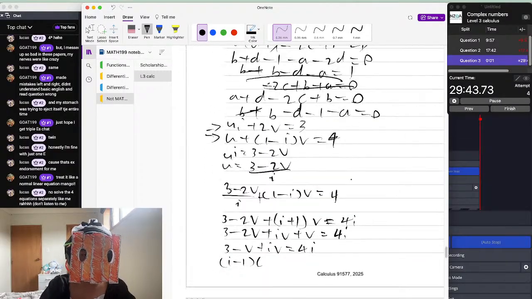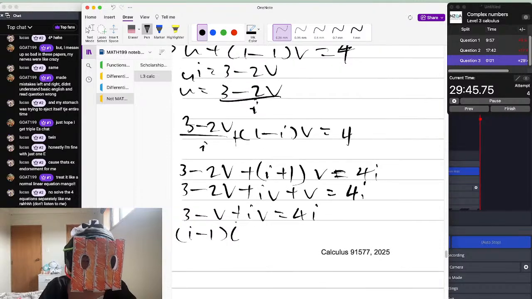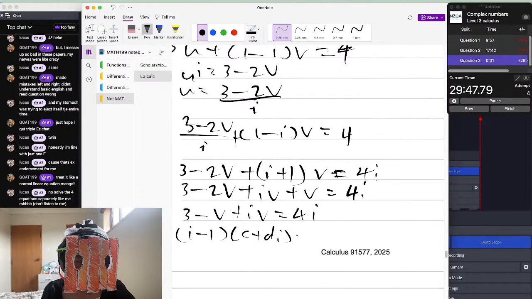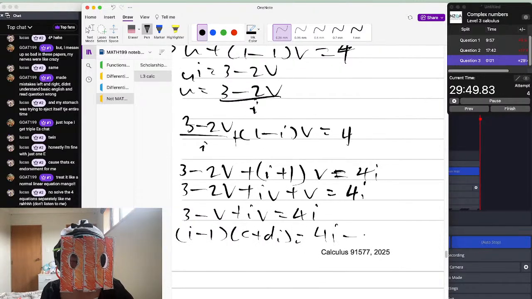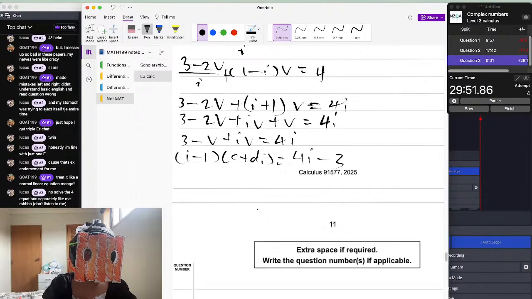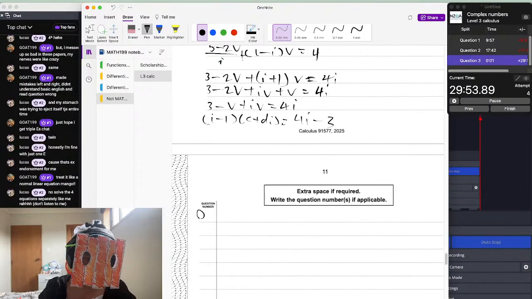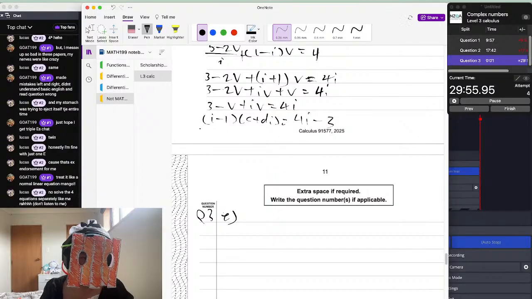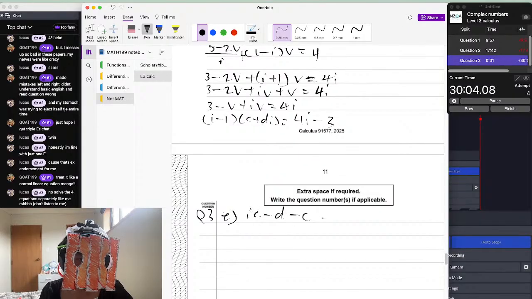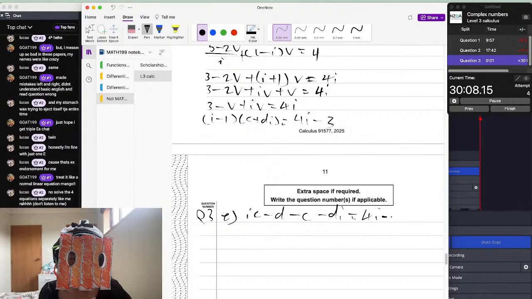We want to find c plus di. C plus di equal to 4i minus 3. Whoa. Alright, excuse the extra space right here. ic minus d minus c minus di equals 4i minus 3.